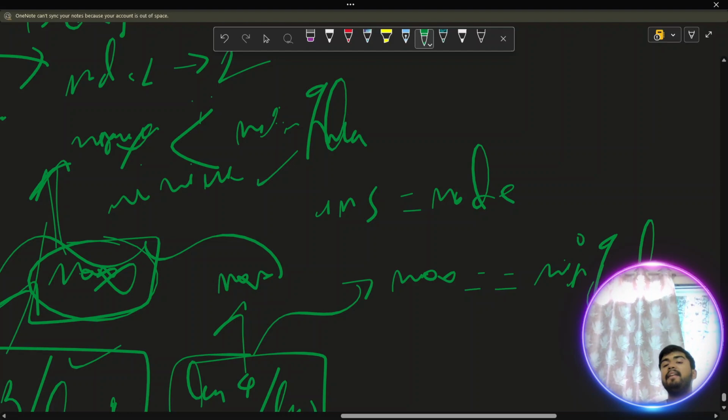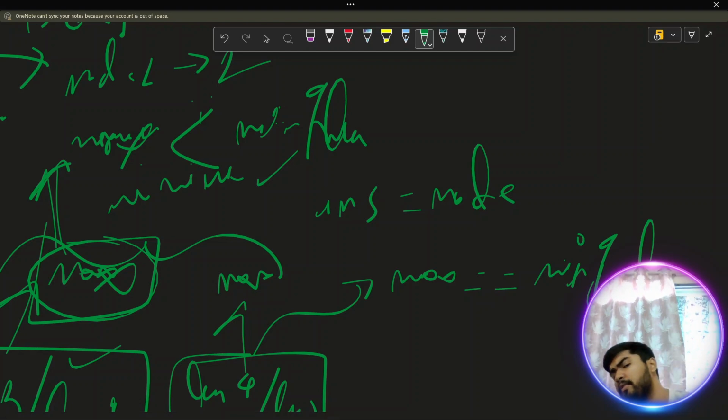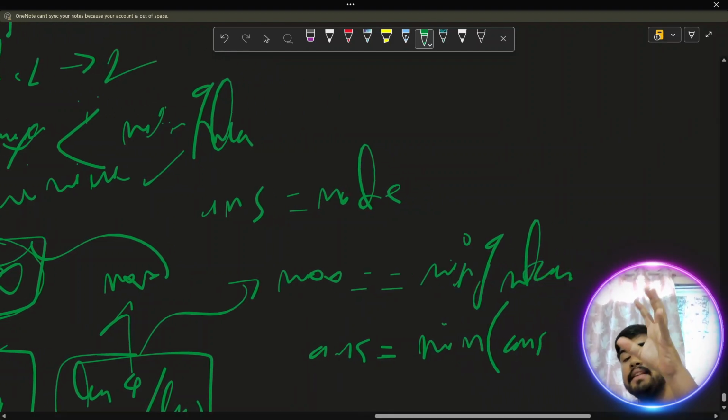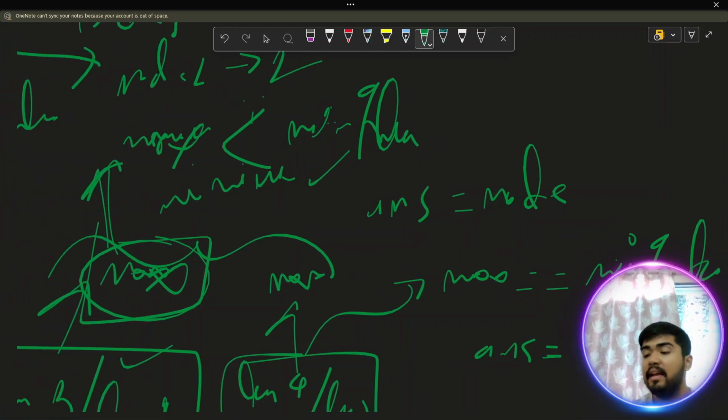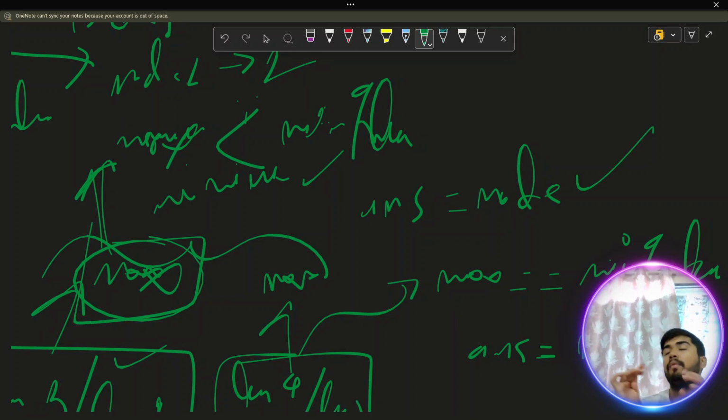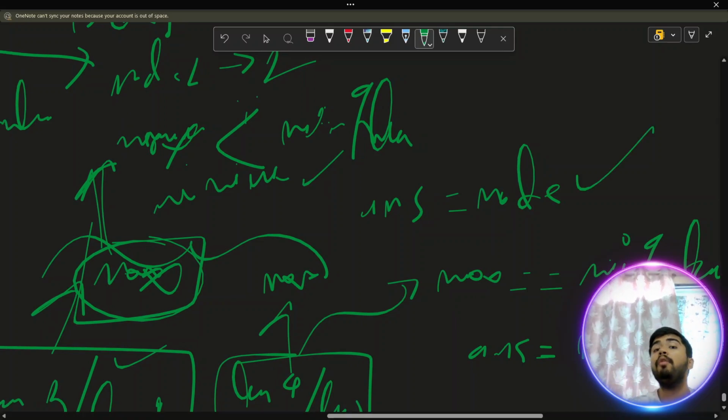If that is the case, then we also have to think about something. Can you guys tell me? Yes, in that case, from this question's perspective, they are asking for the minimum answer index. If this particular node has a lesser index, then consider that as your answer. We take the minimum of the answer and the node.